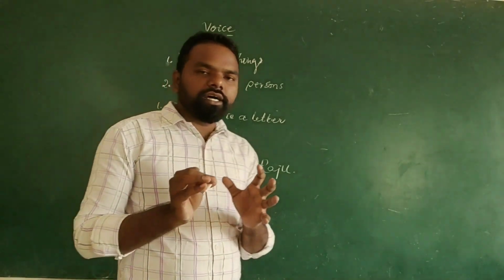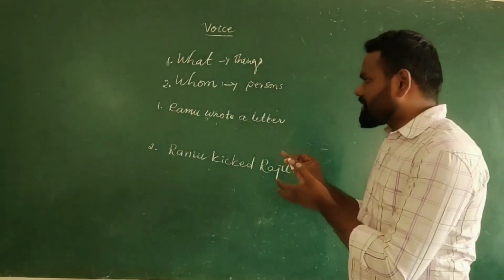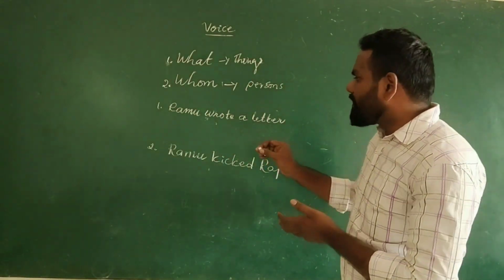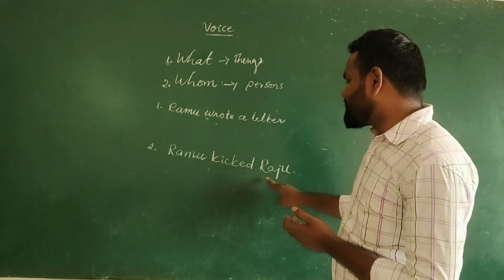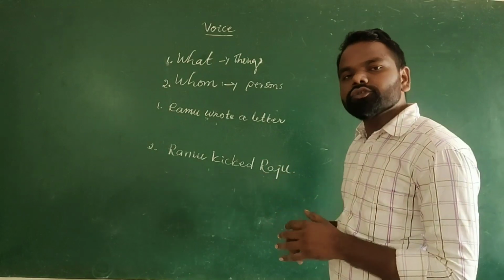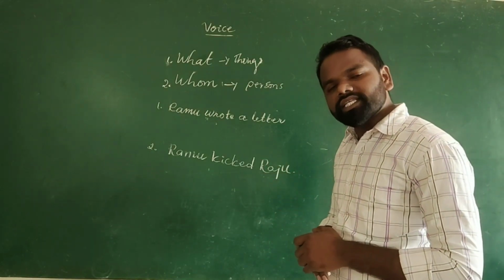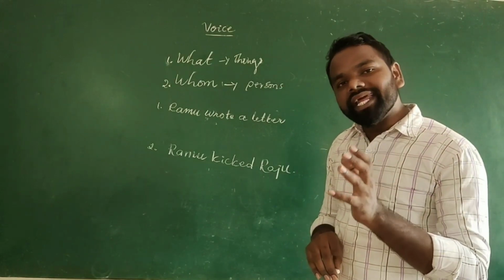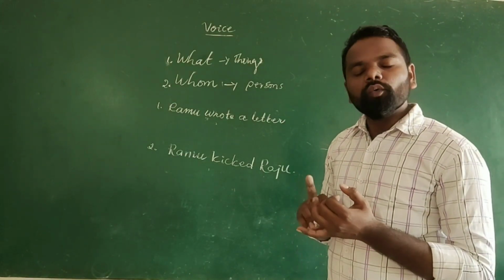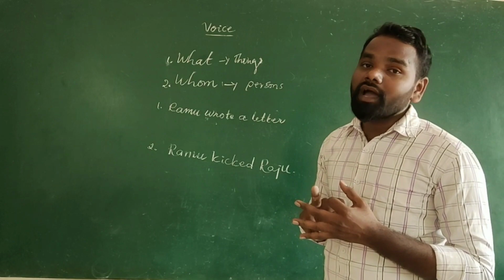Okay, these are the two examples that I wrote in front of you. Let us see. Ramu wrote a letter. Ramu kicked Raju. These are the two questions. And when we are going to change the active voice to passive voice, we need to keep in mind, we need to identify what is the subject, what is the verb, what is the object.